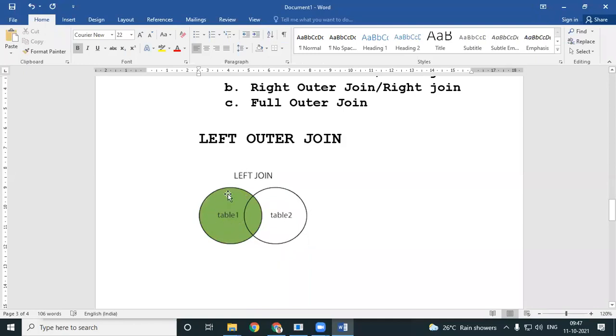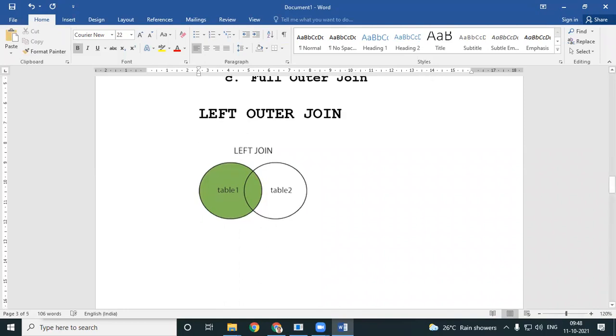In left outer join, the portion of table 1 is taken, and the portion of table 2 which happens to fall in table 1 is also taken. So let's see how it happens.